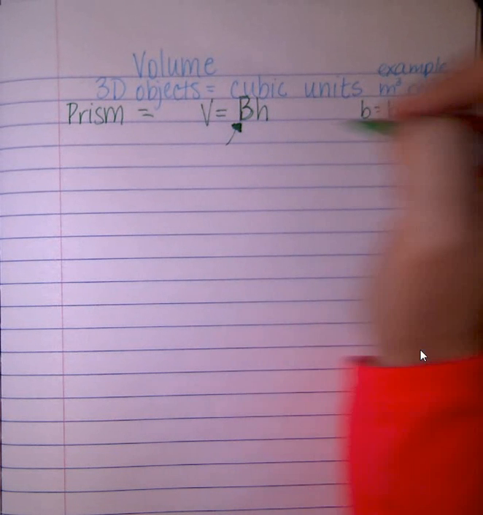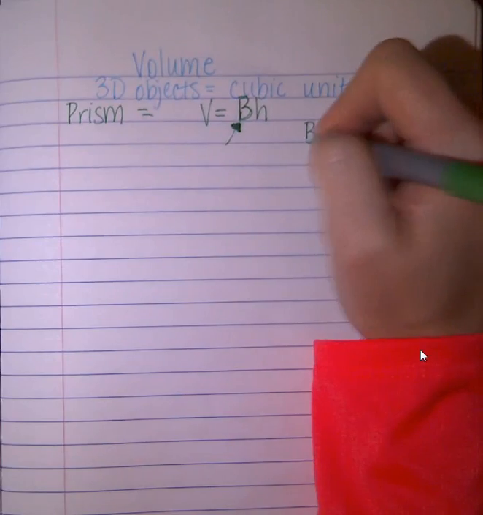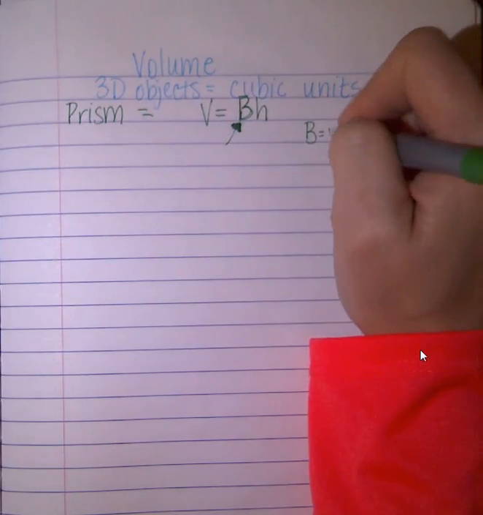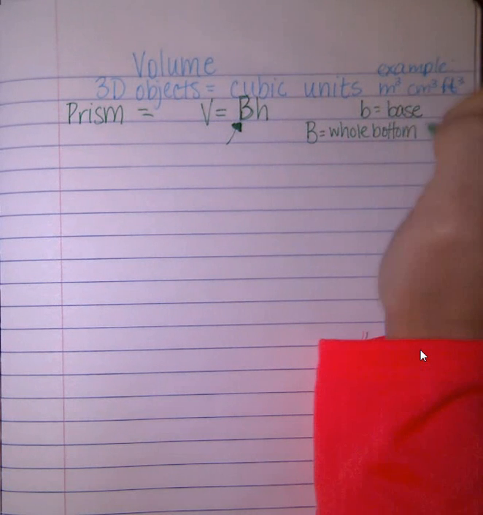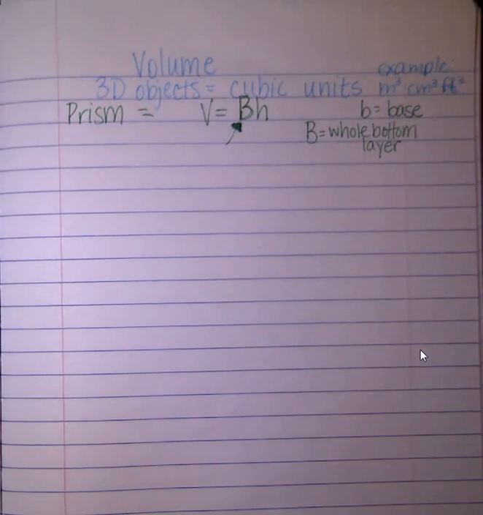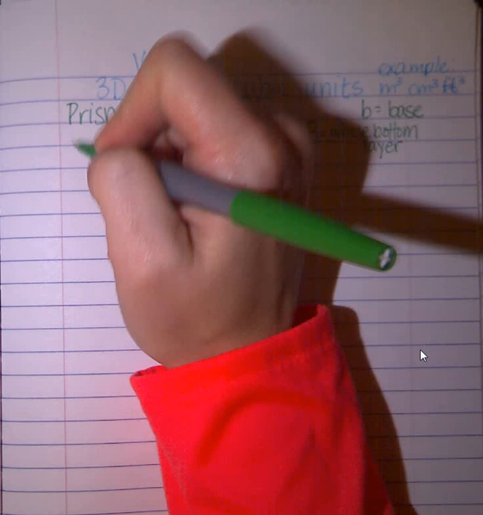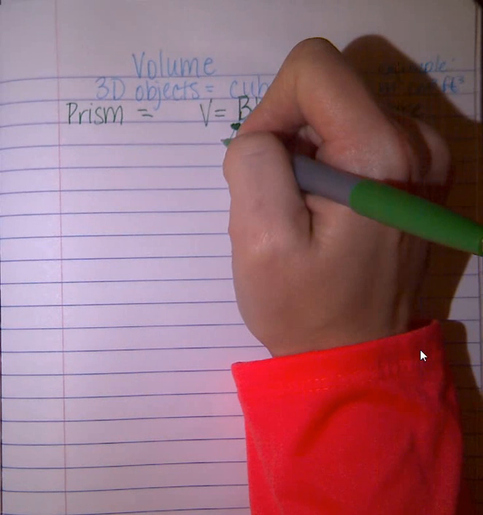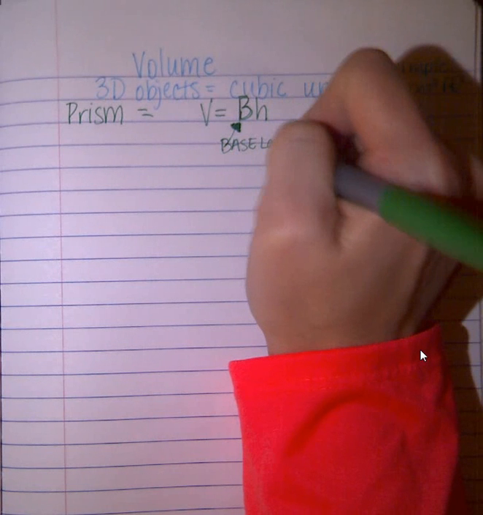A capital B means it's the whole bottom layer of a 3D object. It's the whole base.